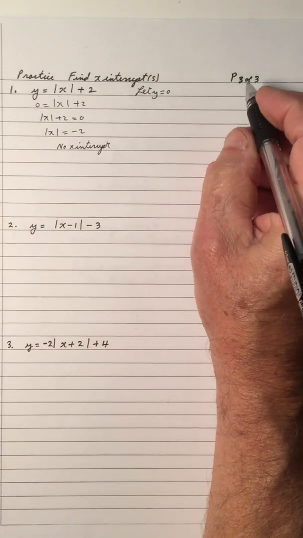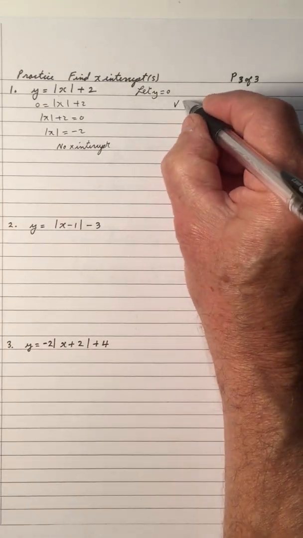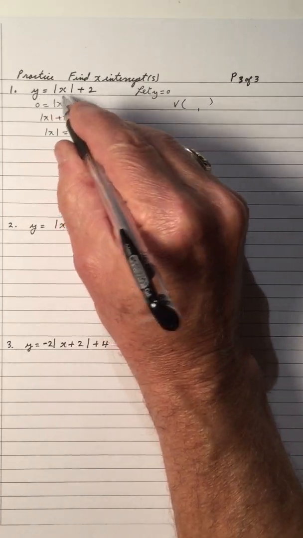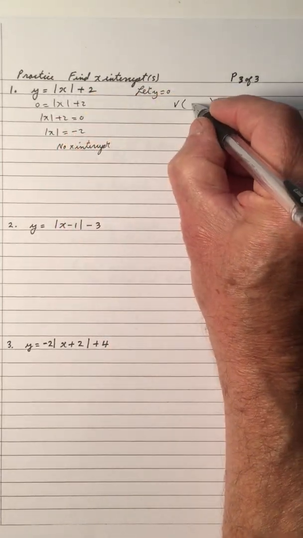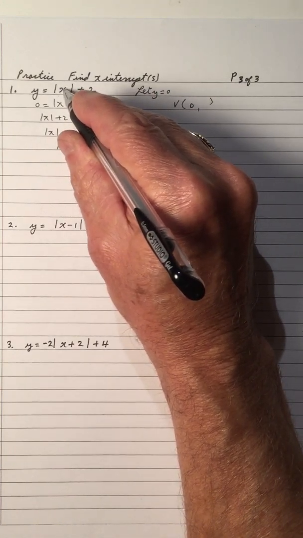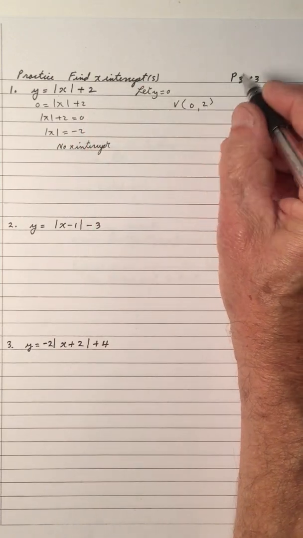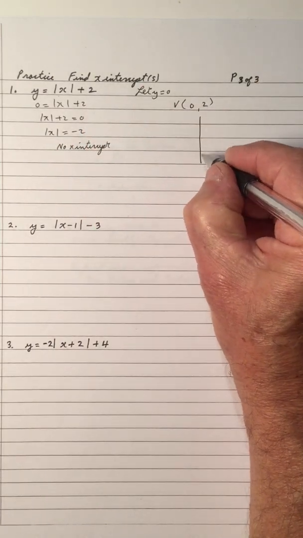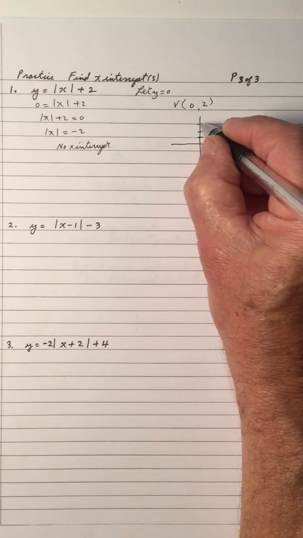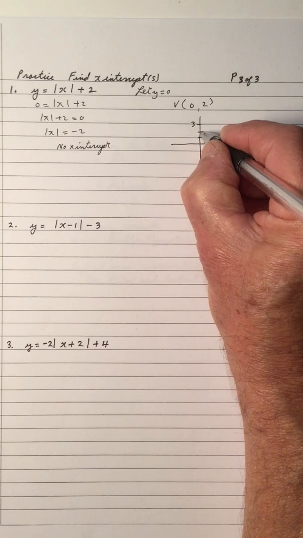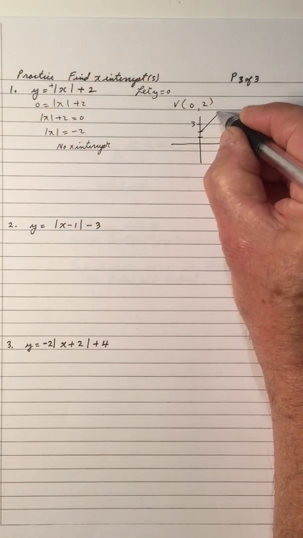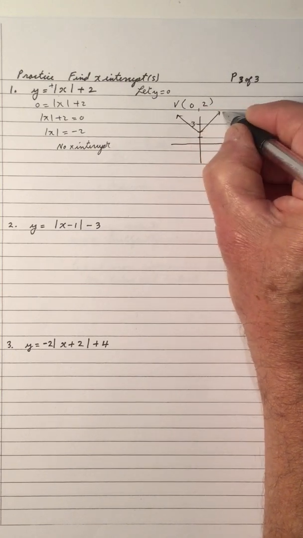And just to explain that a little bit further, notice that the vertex of this graph is when x is 0, there's no number inside, so when x is 0, y is 2. So just look at the graph, when x is 0, y is 2. Because that's positive, it's going to move up, left and right, like this.